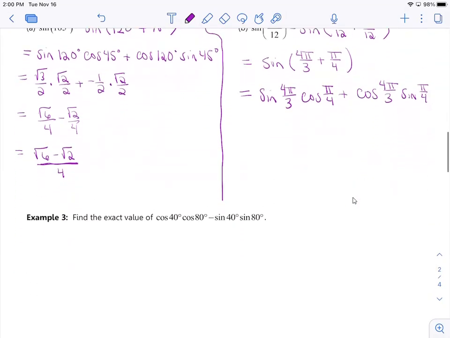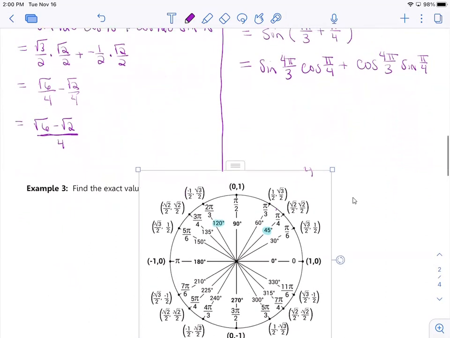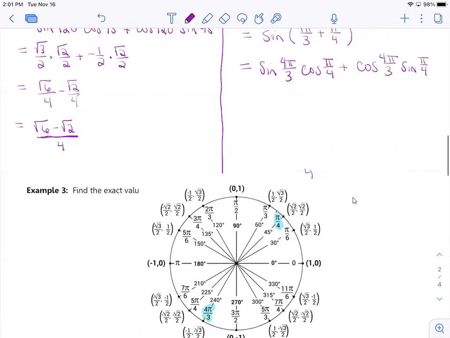Once again, I'm going to go to a clean space so we can look at this. I'm going to focus on 4 pi over 3, which is here, and pi over 4. Sine of 4 pi over 3, negative root 3 over 2. Cosine of pi over 4, root 2 over 2.